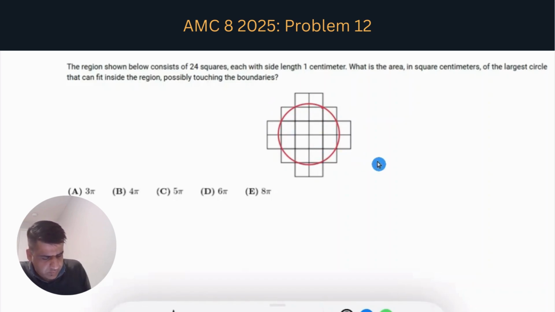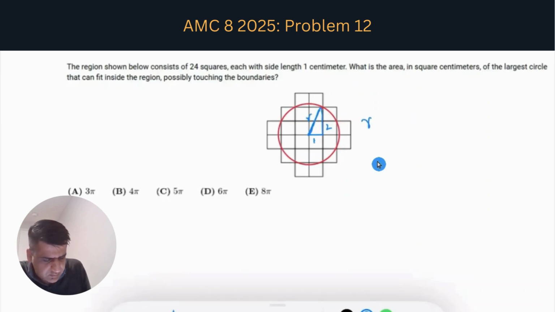Now what we have to do, we have to find the radius of the circle so we can get the area. So for that, we can draw a triangle, and then we can see that this is 1, this is 2, and the hypotenuse of this triangle is the radius.